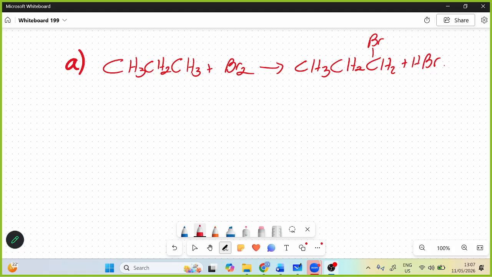B and C, complete and incomplete combustions. So for these, again, by the way, part of the exercise is writing the equations properly.